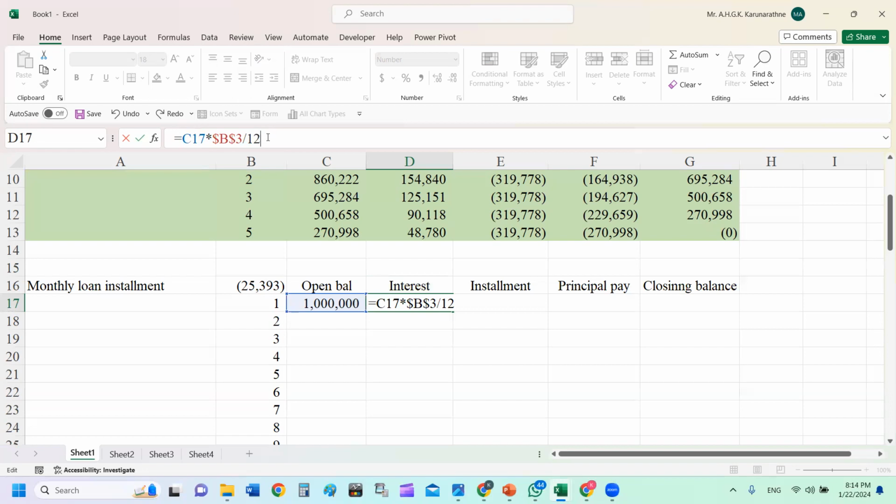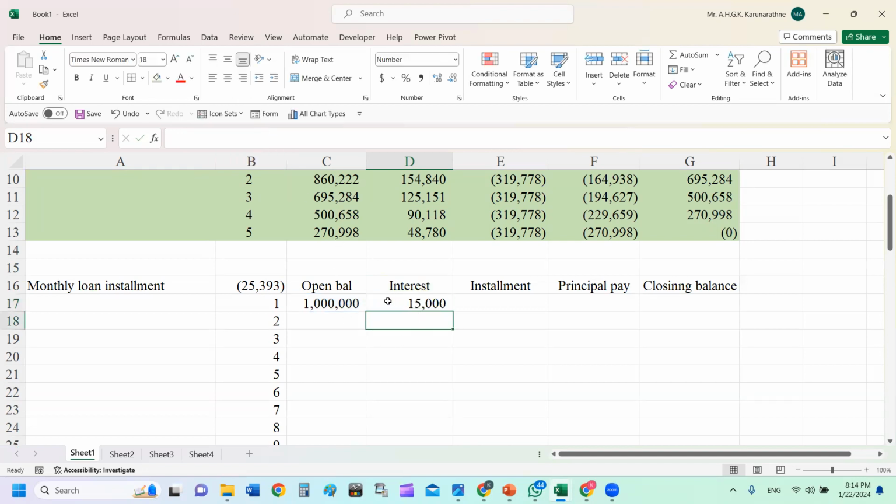Number of days per week, 7, can be hard coded because it is not going to vary, right? So 12 can be hard coded. This is our monthly interest for the 1 million for 1 month, 15% interest.